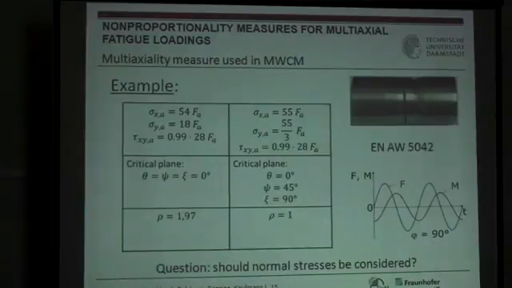Okay, so we have one example. That's the specimen. It's a welded specimen made of aluminum. It's loaded with torsion combined with axial loading. Those are the components, so there's the torsion and the axial loading.